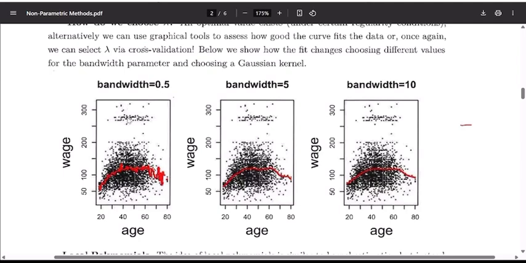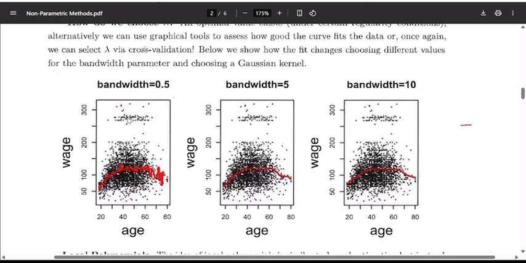When lambda is very small, we're going to have high variance, low bias. The other time I told you, when lambda is very large, it becomes smoother, with high bias, low variance.